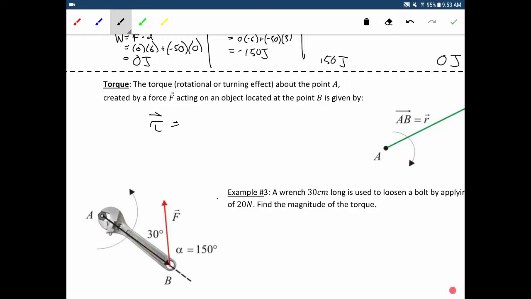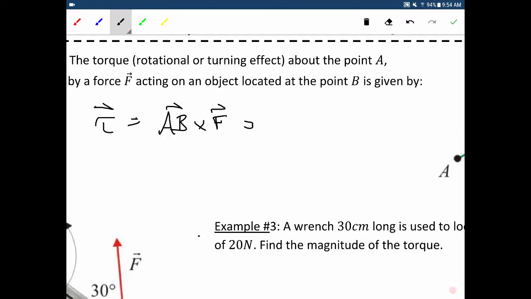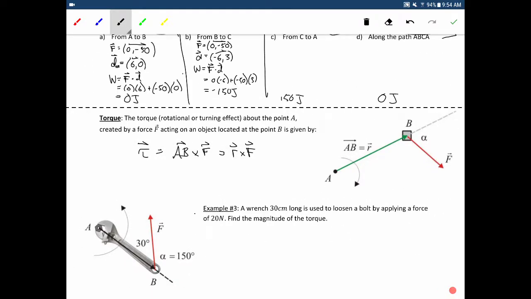It's a little hard to draw sometimes, but that's going to be created by the vector from A to B times the force. Okay, and this is a cross product. You'll also notice that that could be written as, and is often better to be written as R cross F, where R is obviously the radius there.